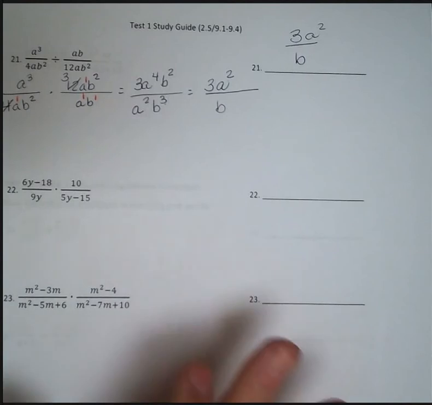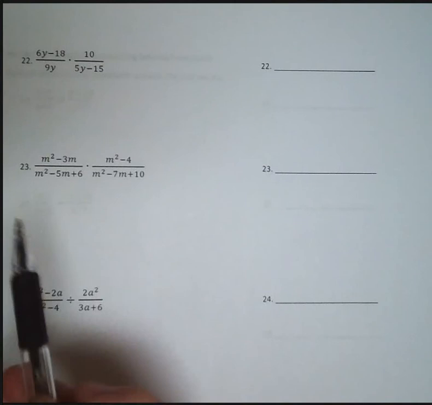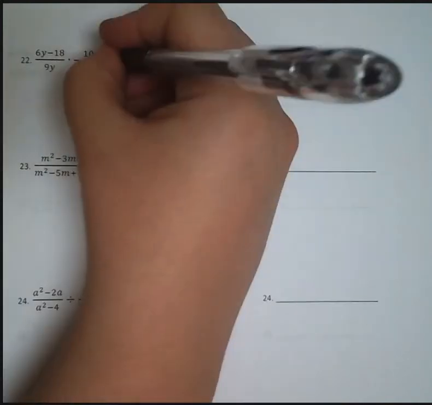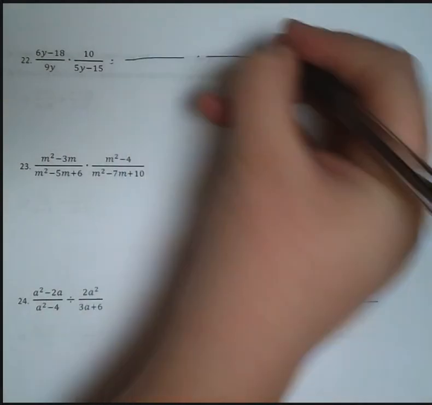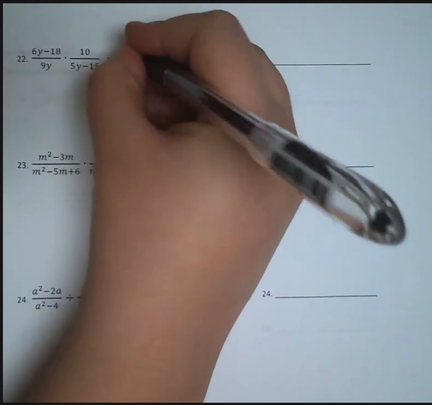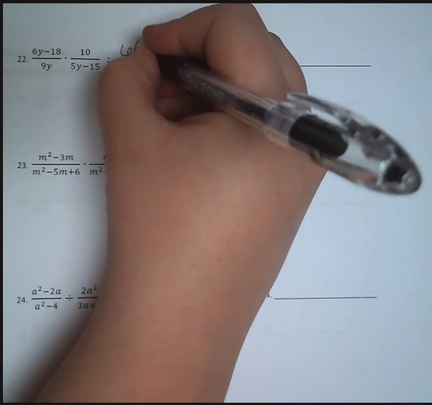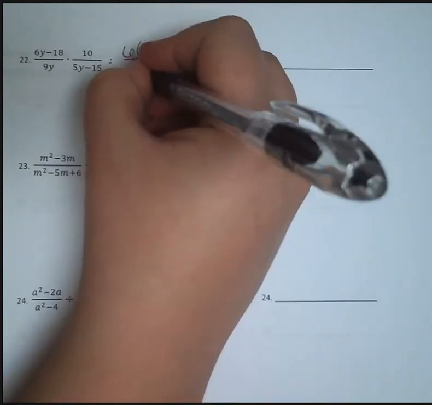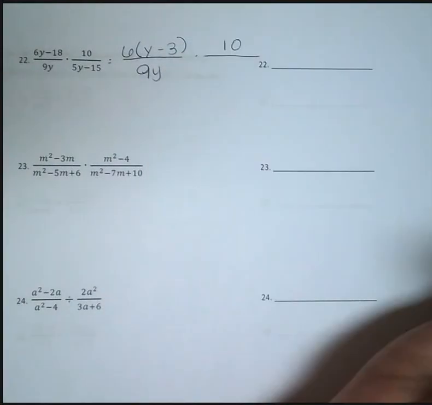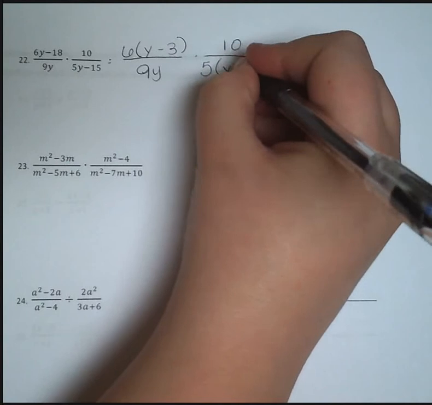Now looking at problem number 22, since we have multiple terms, that lets us know we're going to need to factor. So I'm going to go ahead and write my new lines, and I can factor a 6 out of my first numerator, which is going to give me y minus 3. 9y is in our denominator, 10 is up here, and then I'm going to take a 5 out here to be y minus 3.